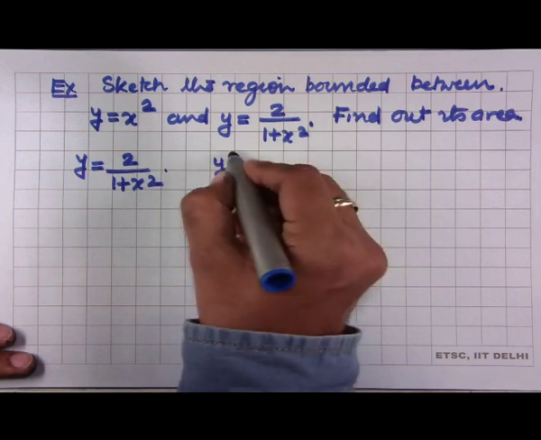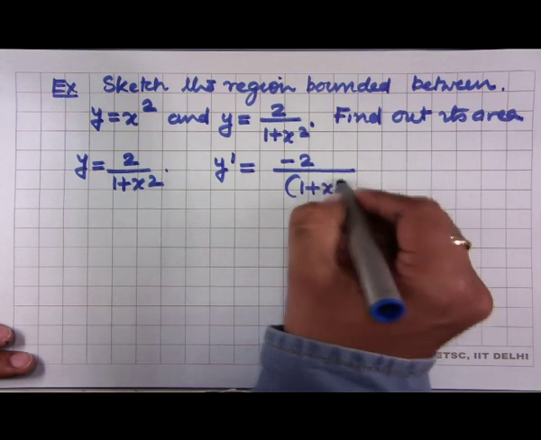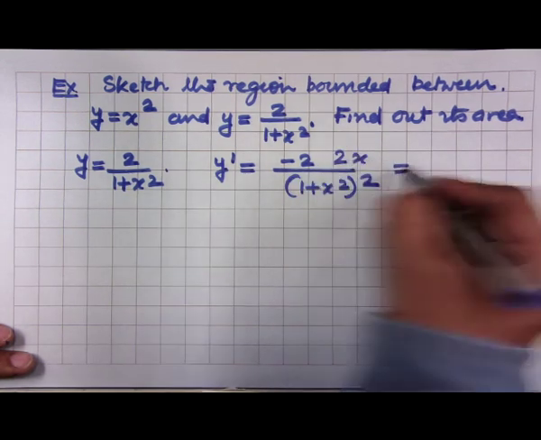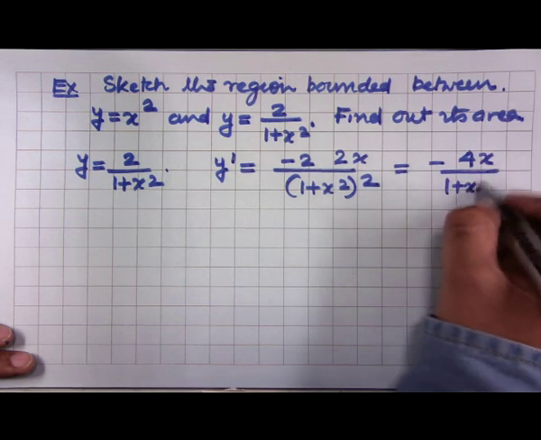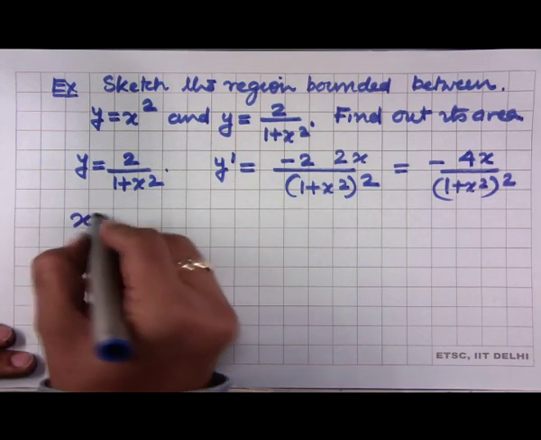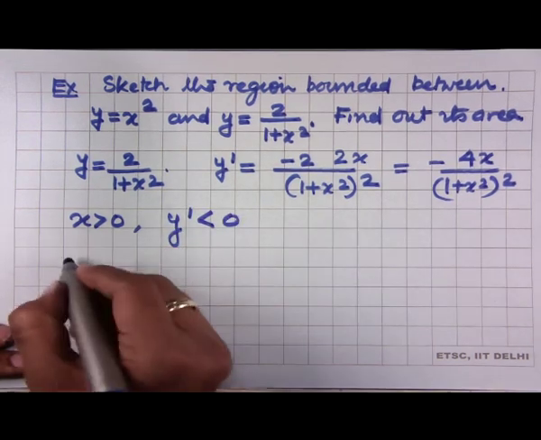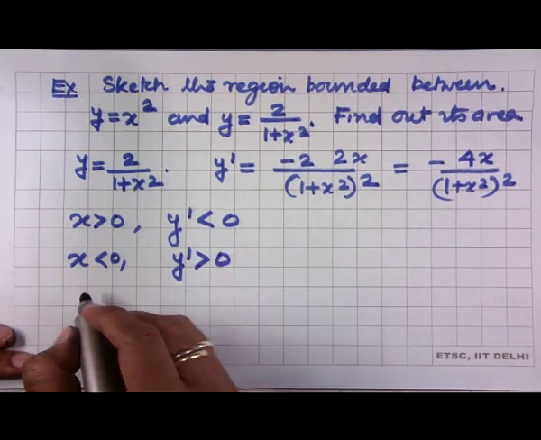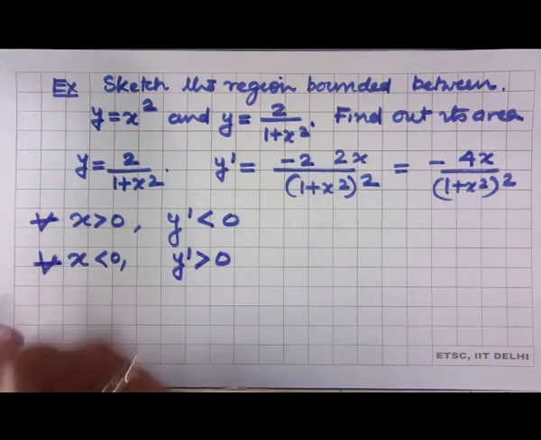So compute y dash, you get, differentiation of this will give you 2 times, so you get minus 4x by (1 plus x square) whole square. So, if x is positive, y dash is negative. If x is negative, y dash is positive. And this is true for all x.